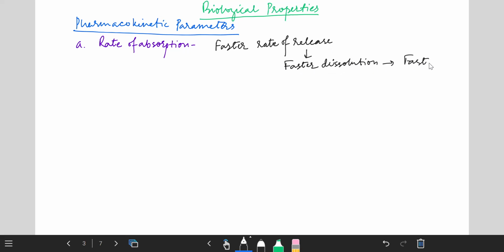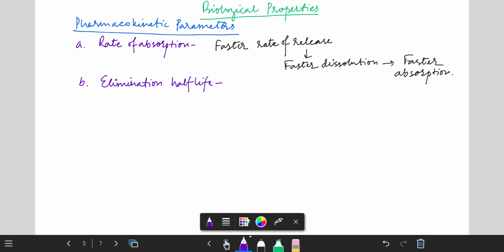Now the second one is elimination half-life, or how much time the drug takes to get excreted out from the body.